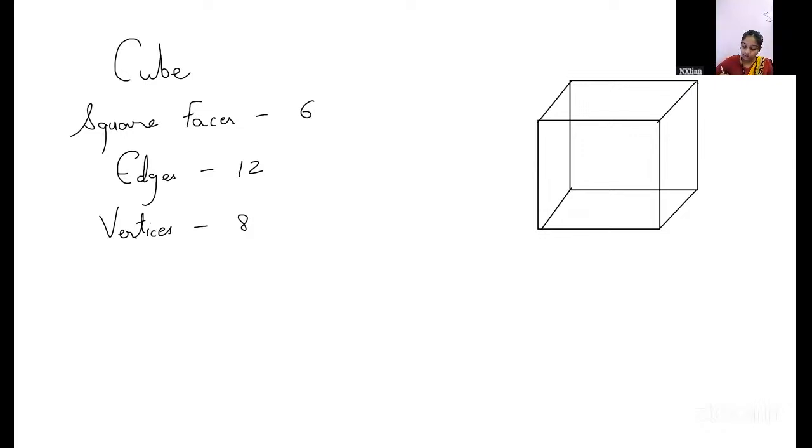Now we'll talk about the surface area of a cube. We know that a cube is made up of 6 squares, and the measurement of all the sides of the square is the same. So now, what was the formula to calculate the area of a square?